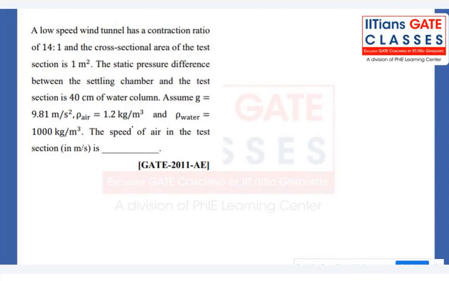So now what are you understanding? The manometric fluid density is 1000. The fluid flowing in the wind tunnel testing machine is nothing but 1.2 kilogram per meter cube. The g value they have given. The test reading at a particular section is 40 centimeter, so the reading of X is directly given as 0.4 meter.